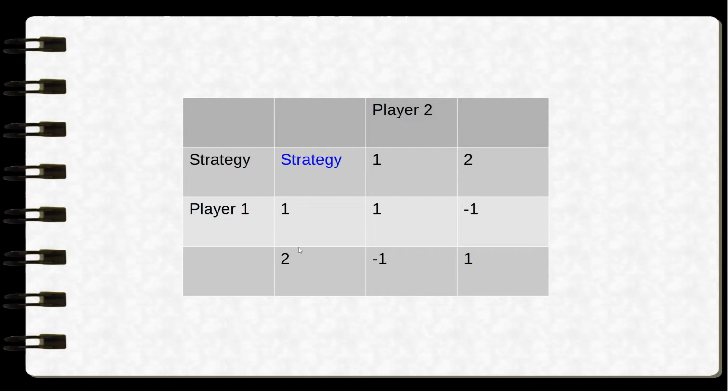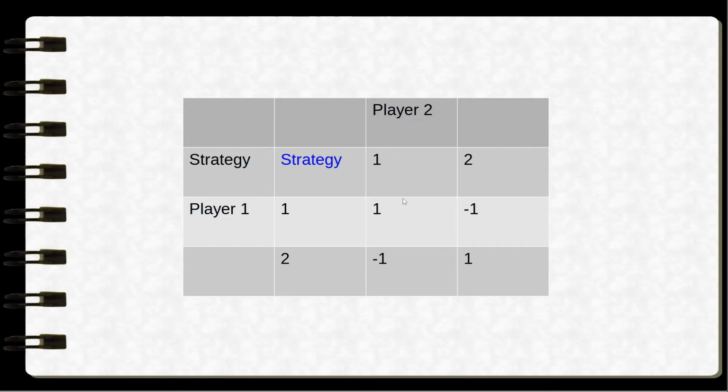Now in column number 2, we have player number 1's strategies. That is, player number 1 has a strategy 1 or 2. Similarly, player number 2 also has a strategy 1 or 2. Now what does this mean? If player number 1 raises one finger and player number 2 also raises one finger, then it is even.